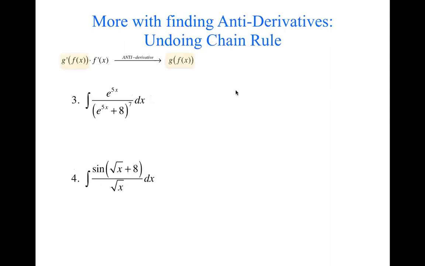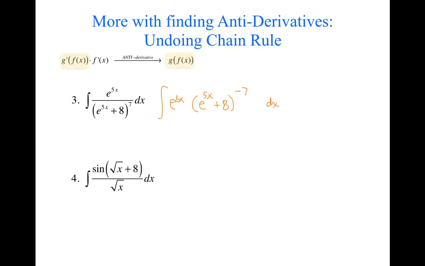I don't want to go all the way through these, but just to point out some similarities to the questions we just looked at. This top one here, just like question number 2 that we just did, it's not written as a product, but if you write it as a product, e to the 5x times (5x plus 8) to the negative 7th, you can say, oh yeah, here's the compound factor, its power function.